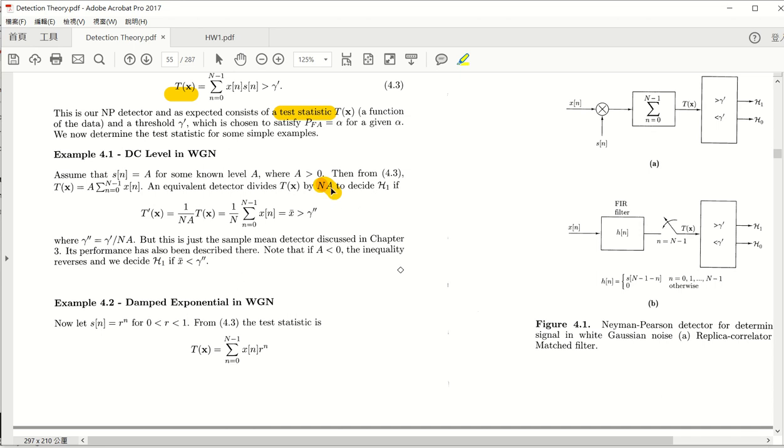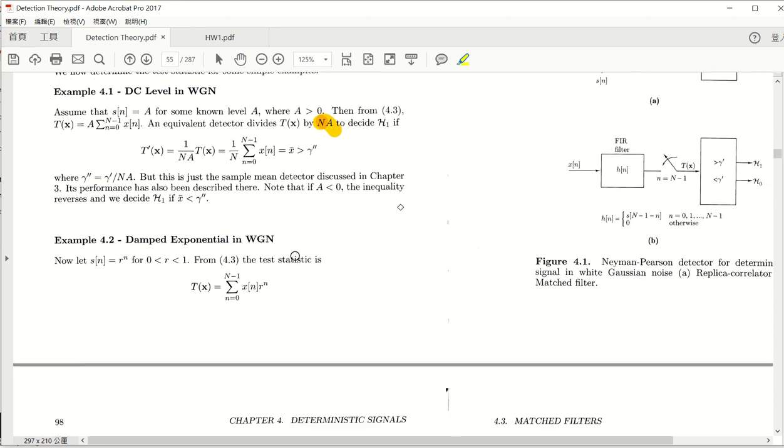If A is negative, when you divide, you should change the sign to smaller than, rather than larger than. So the inequality will reverse, and we decide H1 if X bar is smaller than gamma double prime.